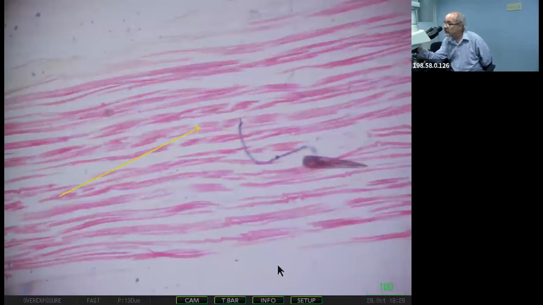Remember, your skeletal muscle fibers are coming from your mesenchyme, from your myoblasts. Your myoblasts will form myotubes. At the beginning of the development, the nuclei are located inside the myotube.